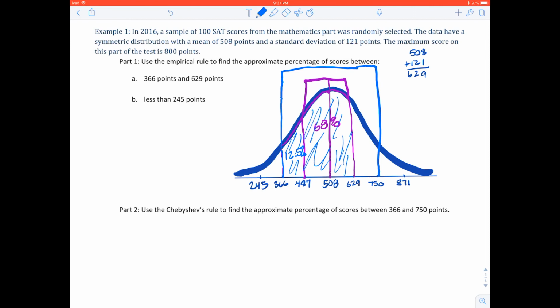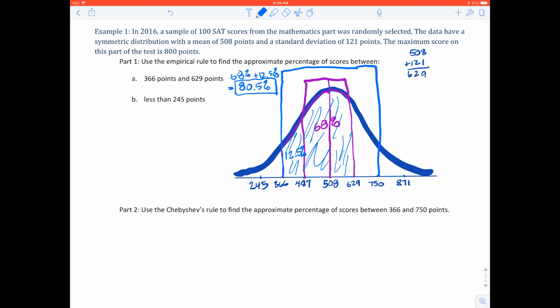So our end result will be 68% plus 12.5%, which gives us 80.5%. So 80.5% of the SAT scores fall between 366 and 629 points.